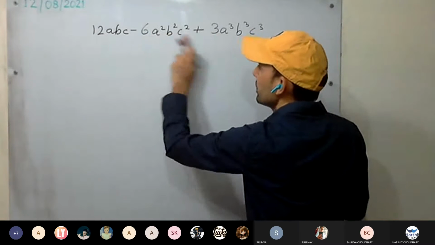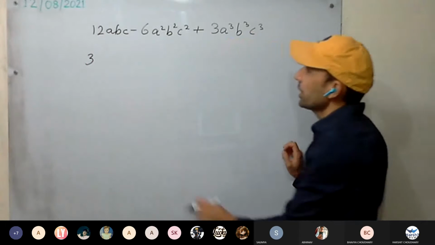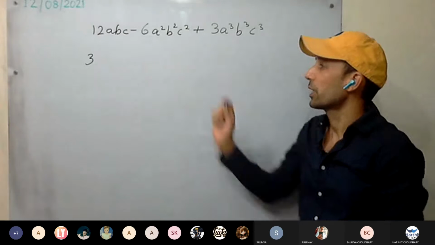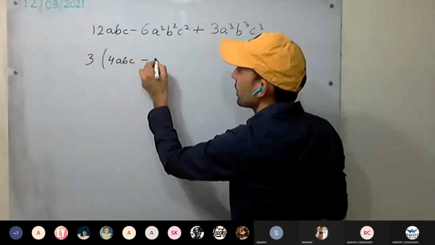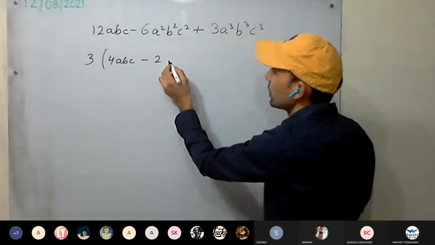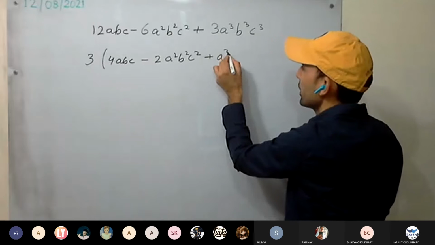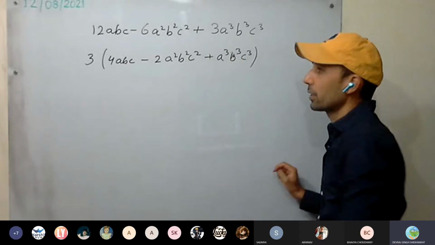What is common in them? 3 is common. Take 3 out. Okay, what more can we take if you want to write directly? We'll do it in the next step: a square b square c square plus a cube b cube c cube.